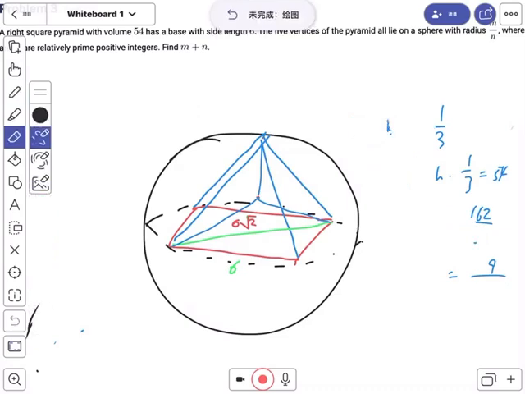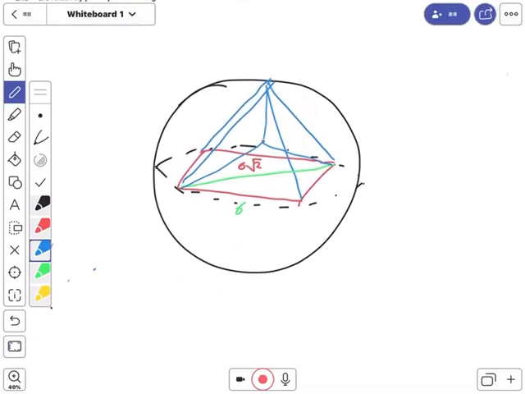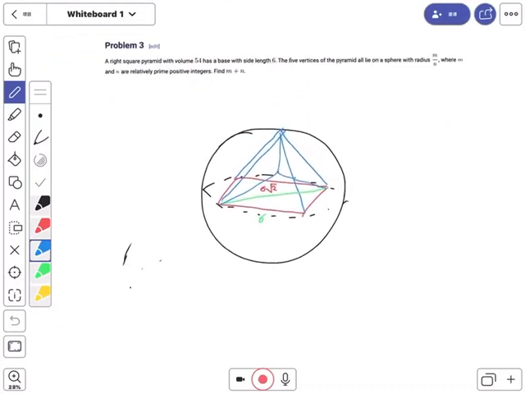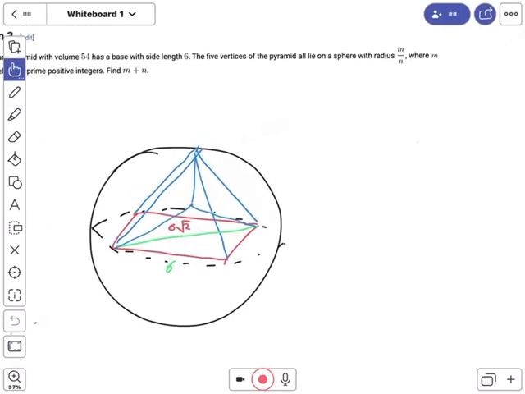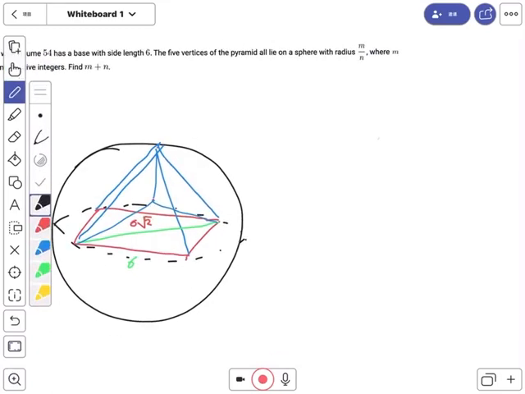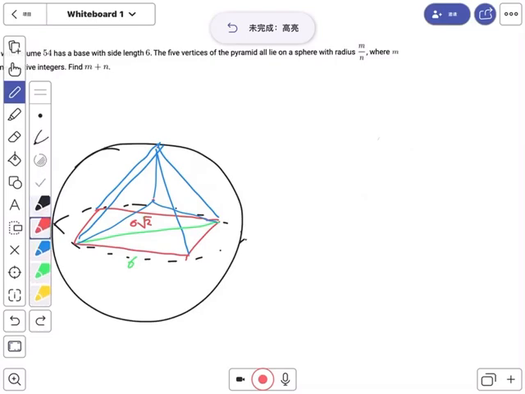Now let's actually try to gain some insight by taking this 2D cross section. Now something powerful about such a technique is that you can actually transform this 3D geometry problem to a 2D geometry problem. So now we're going to consider this triangle right here. Actually, I'm just going to draw in black.